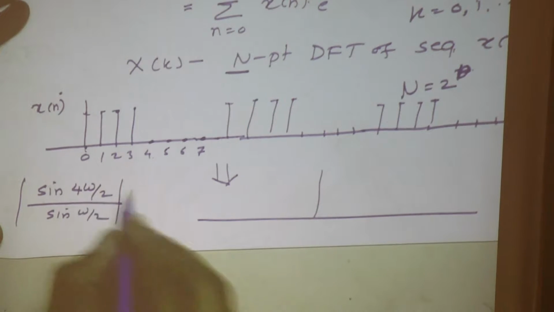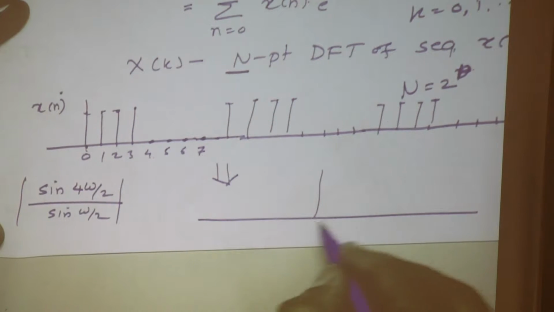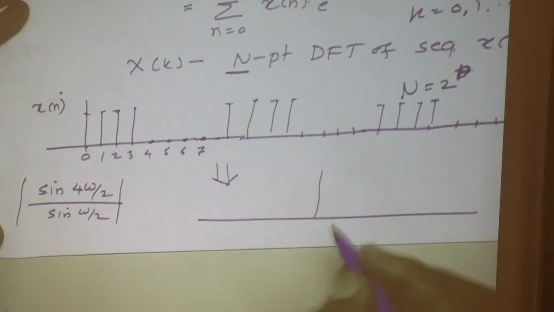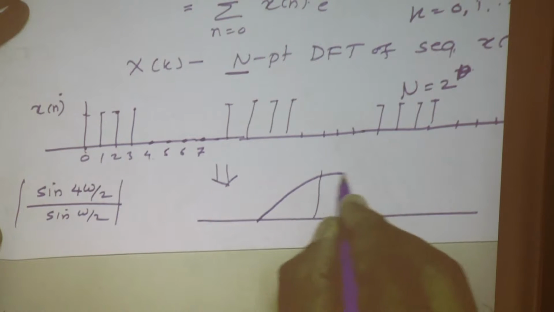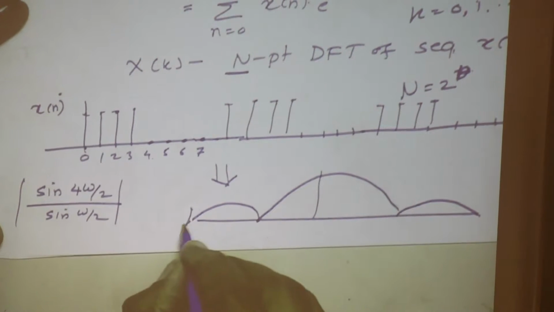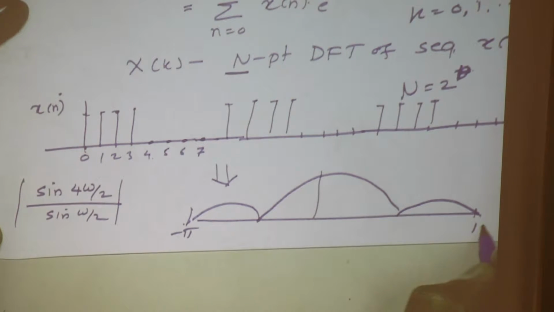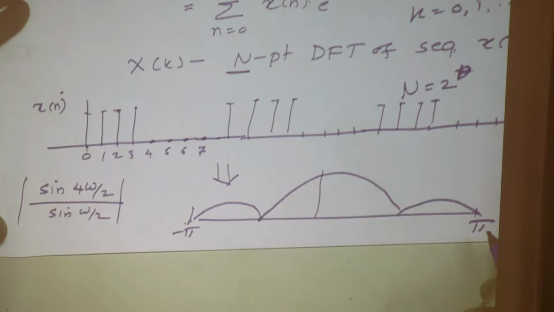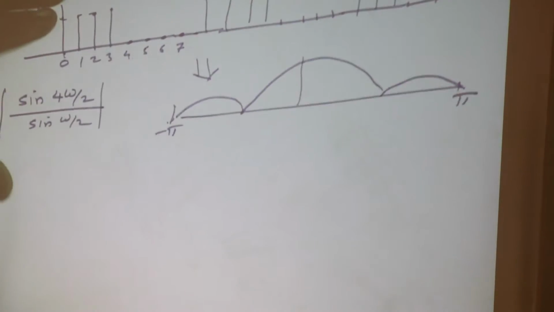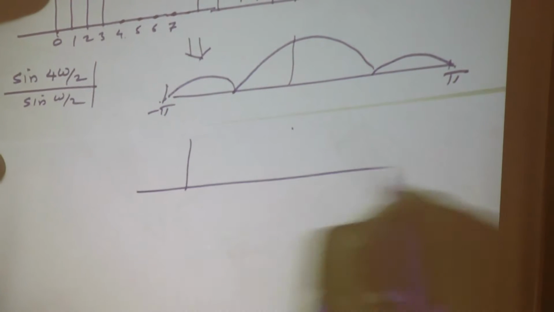This becomes sine of 2 omega. Sine of 2 omega means like this, two sample values. So, this is the spectrum from minus pi to plus pi. Or if I write it from 0 to 2 pi, then it will be like this.